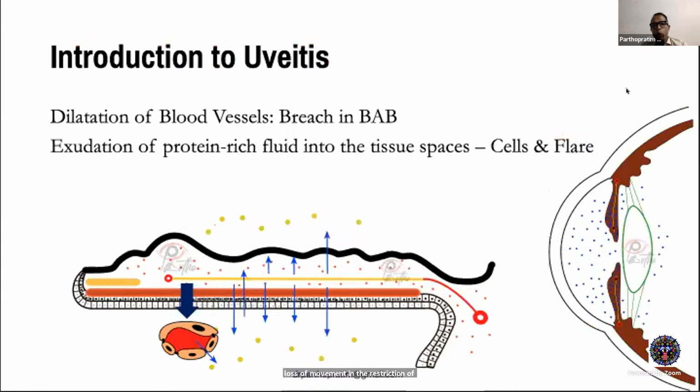Now, let's go ahead. During inflammation, the iris vessels are dilated, and there will be a breach in the blood aqueous barrier. So there will be exudation of protein-rich fluid in the iris tissue spaces. This can be perceived as cells and flare in the anterior chamber.